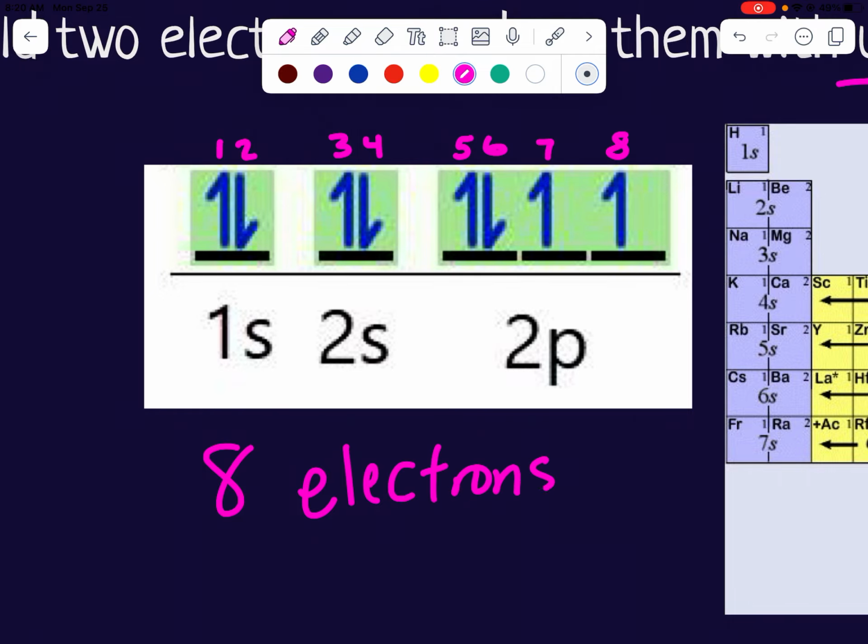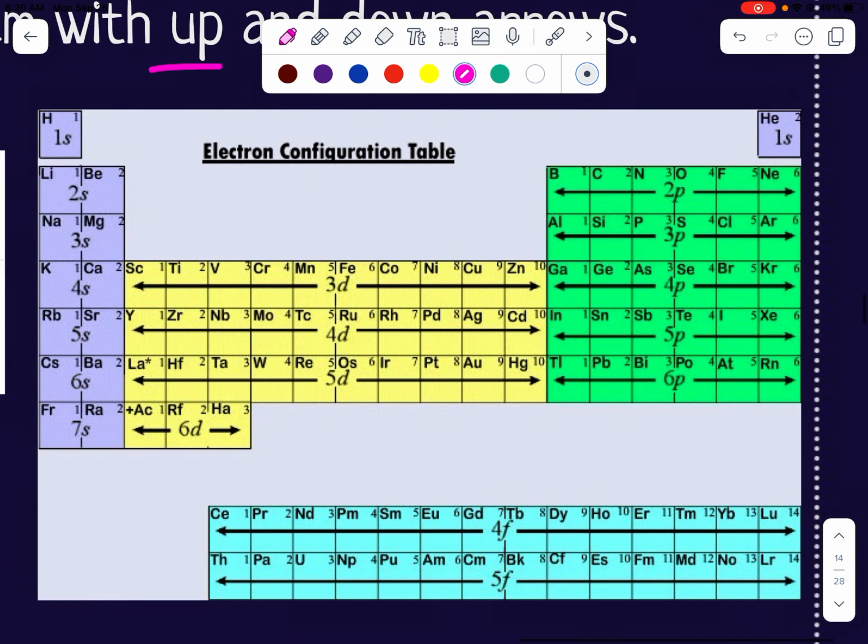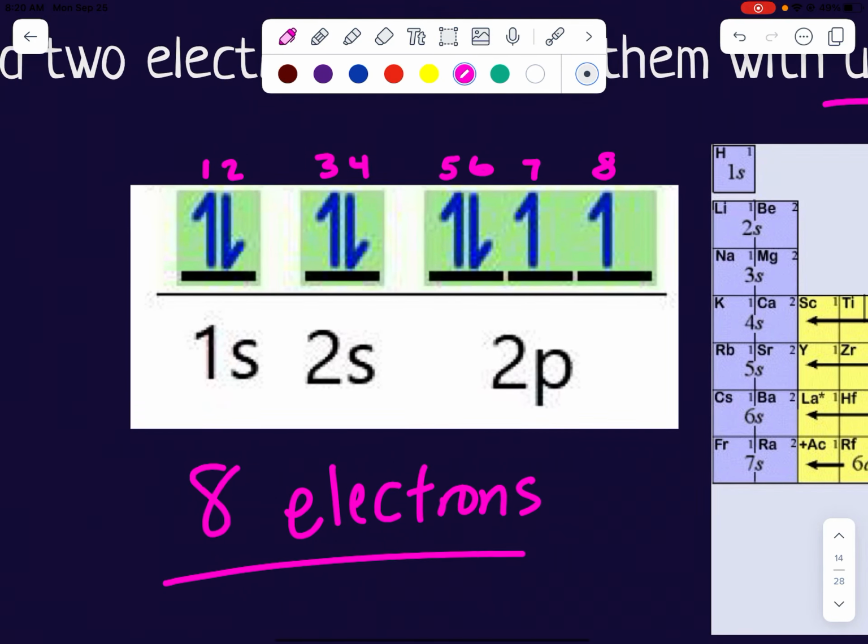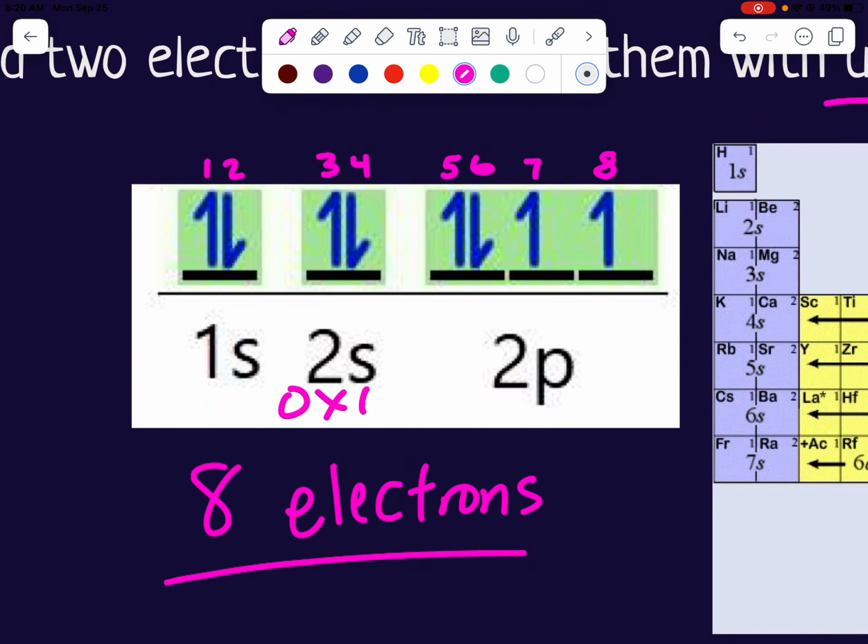Check your periodic table. What element has 8 electrons? The numbers on this periodic table are a little bit weird, but on a normal periodic table, oxygen has 8 electrons. So this element represented here is oxygen. This is called the orbital notation, the blanks and arrows.